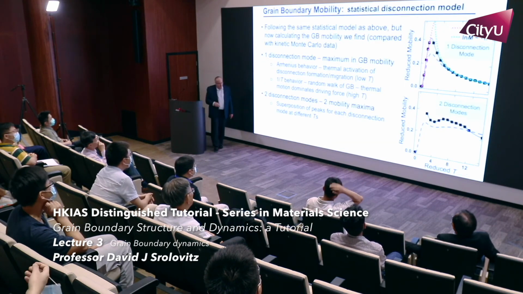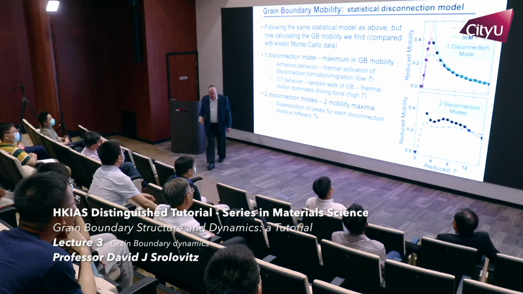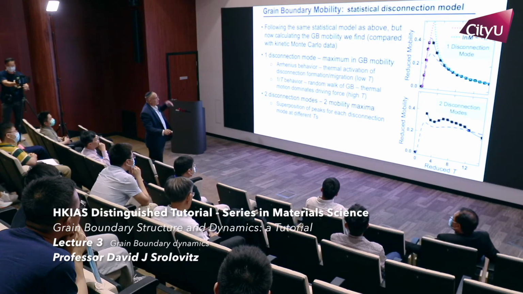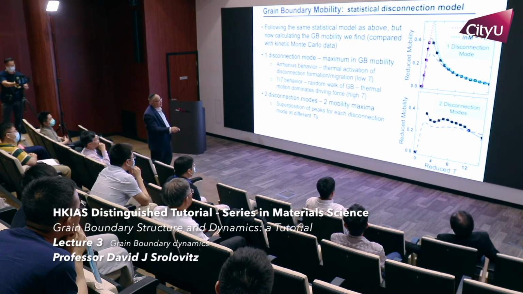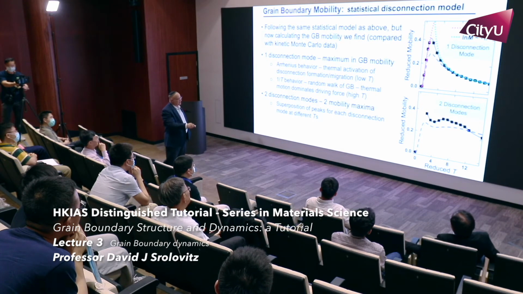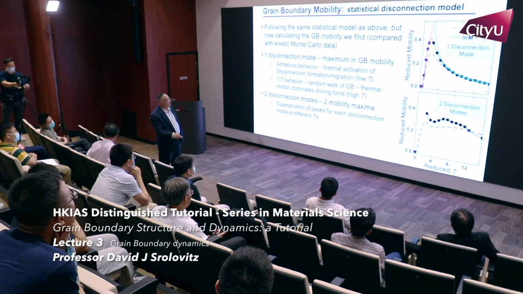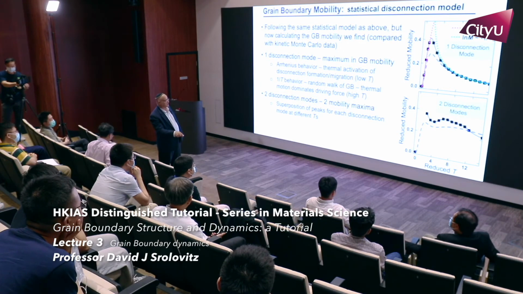Well, I will just give you a very quick picture of this. This is some data from some kinetic Monte Carlo calculations, and this is looking at mobility versus temperature.